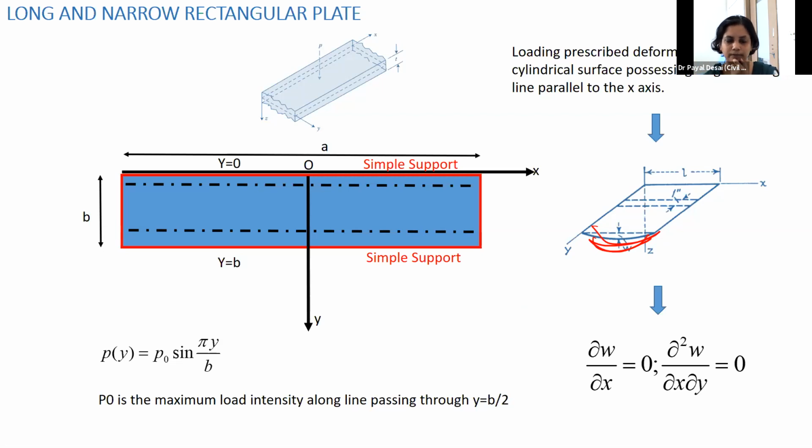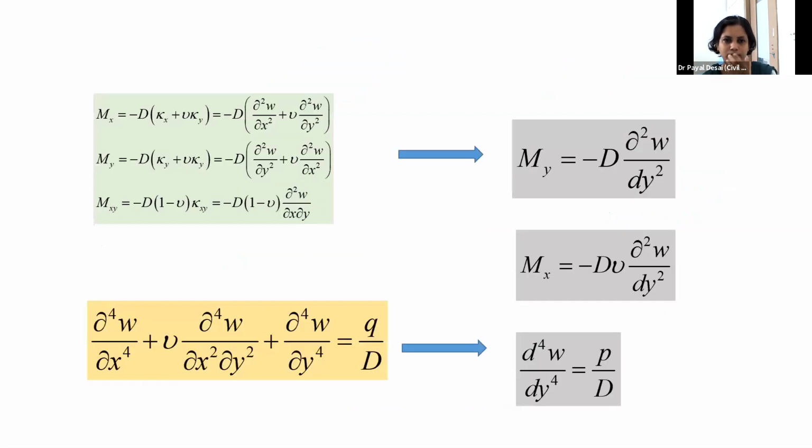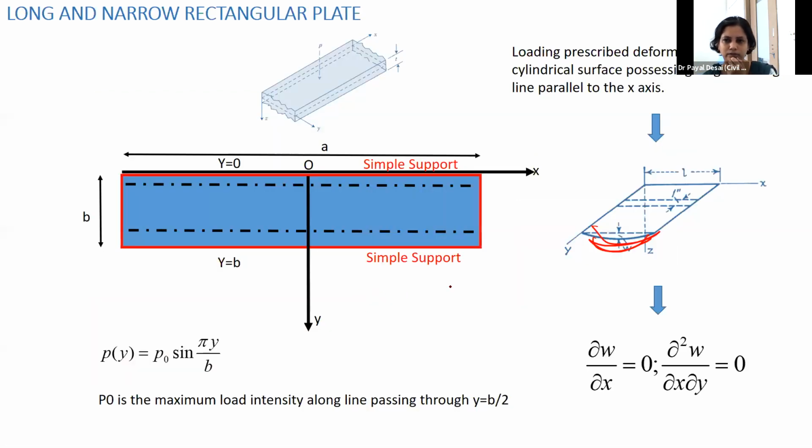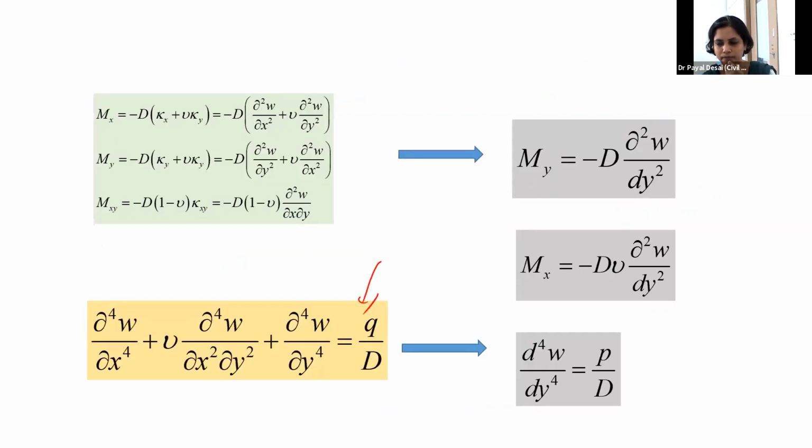So this is one example of how we can use our biharmonic equation. We can simplify it in the form of the y direction because it is bending like this. Then in the y direction, the bending is not. We may consider this as mx and my.